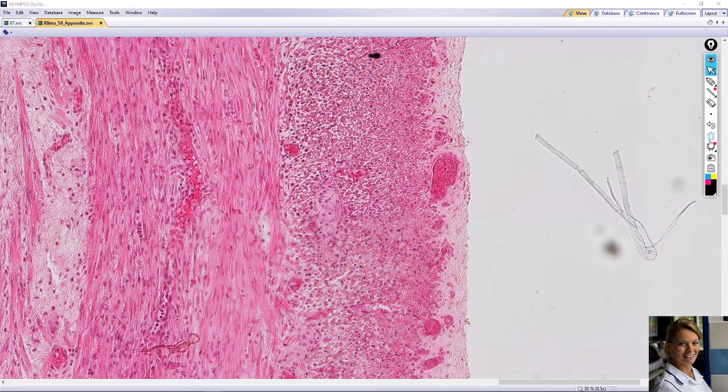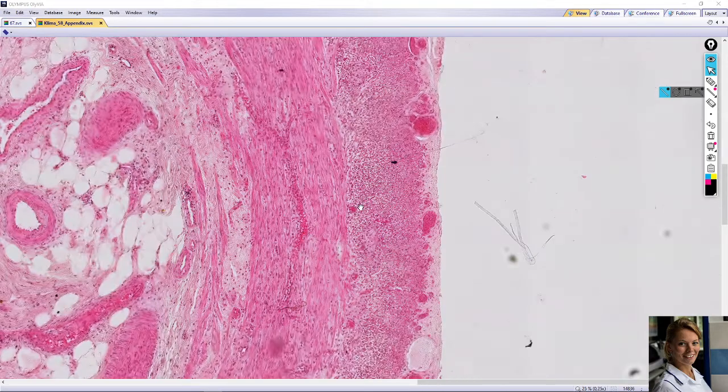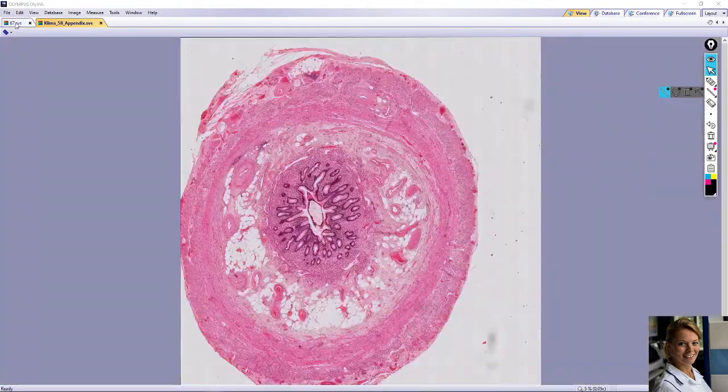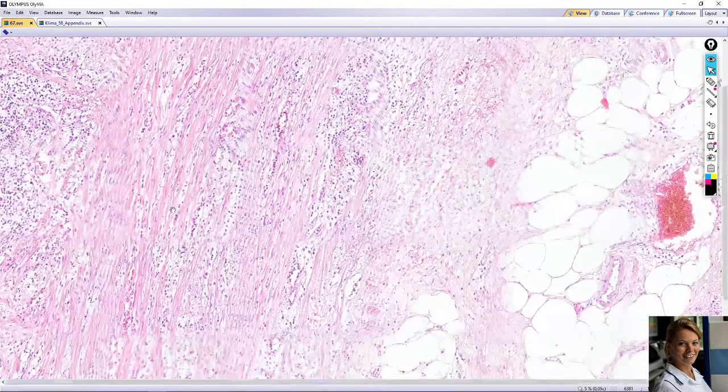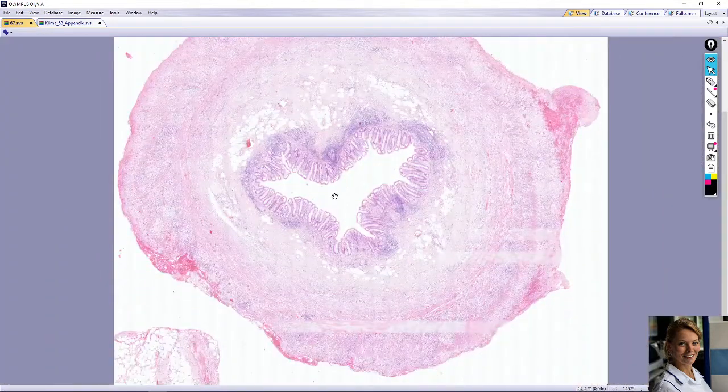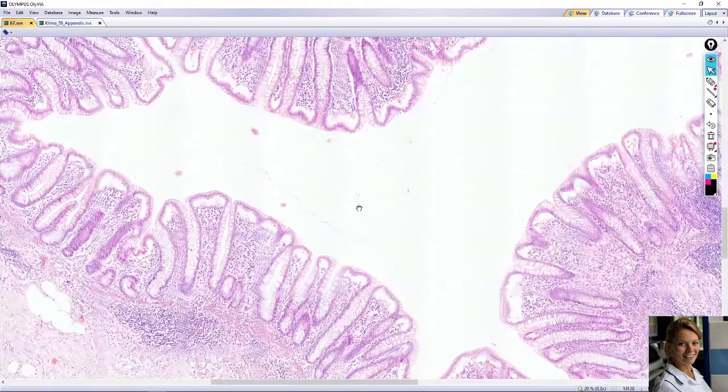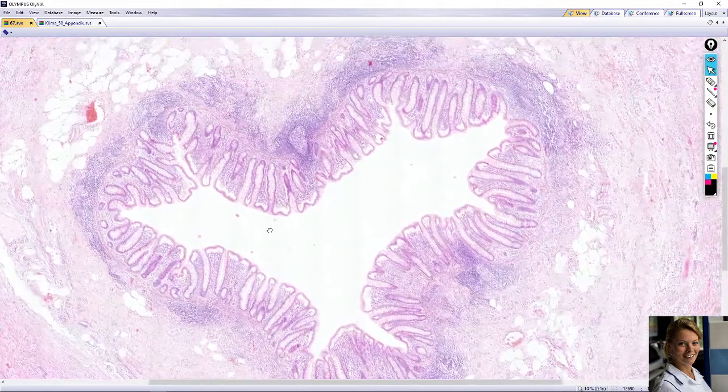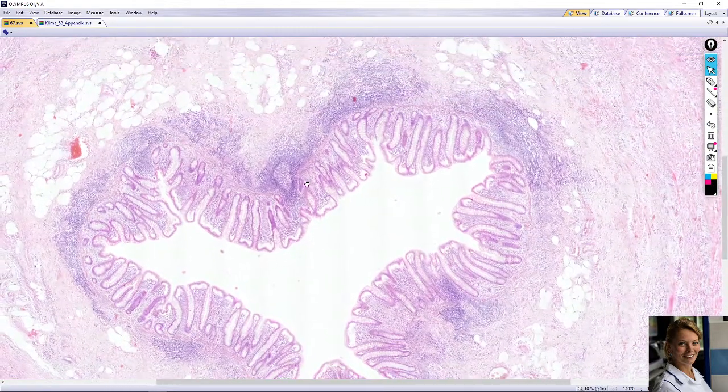So this is one slide, and here is another slide of appendix. In this slide, the lymphatic nodules in lamina propria and submucosa are nicely visible.